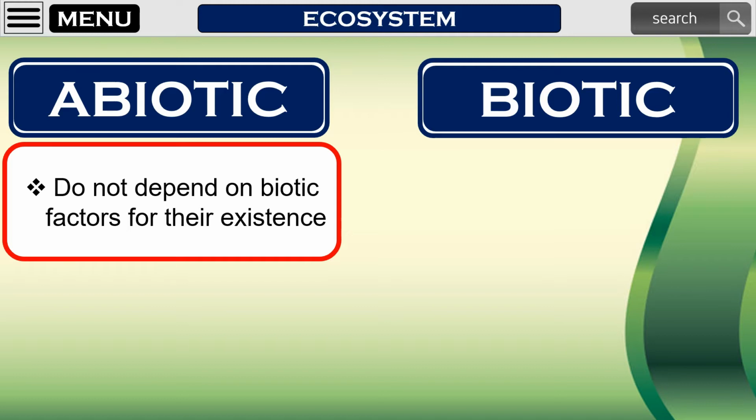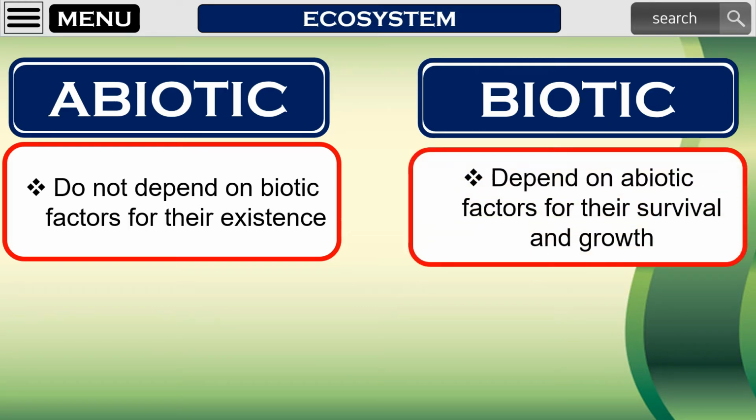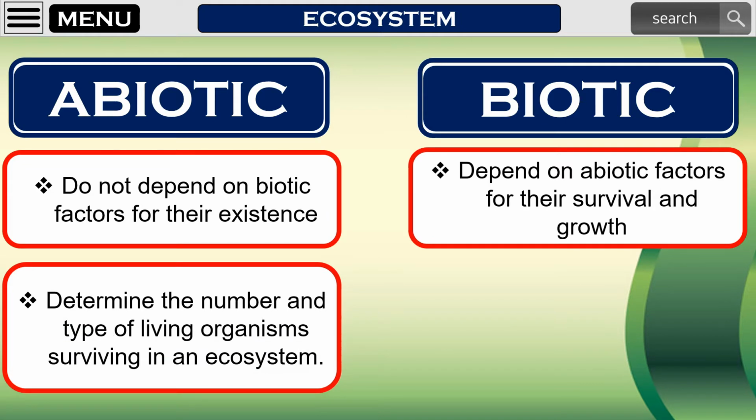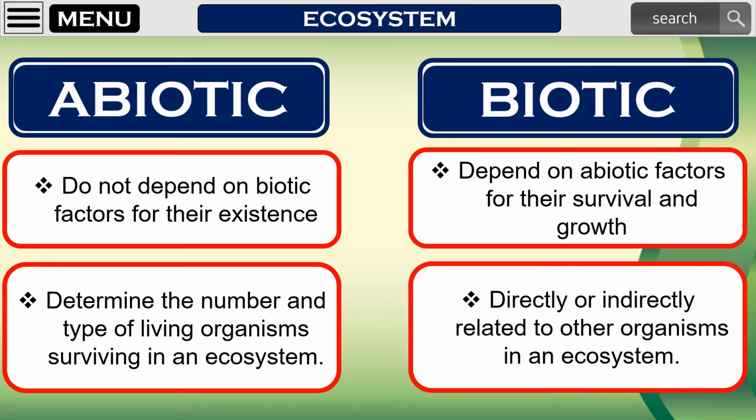On the other hand, biotic components depend on abiotic factors for their survival and growth, meaning biotic components cannot live without the abiotic components. In terms of relationship, abiotic factors determine the number and type of living organisms surviving in an ecosystem. On the other hand, living organisms might be directly or indirectly related to other organisms in an ecosystem.